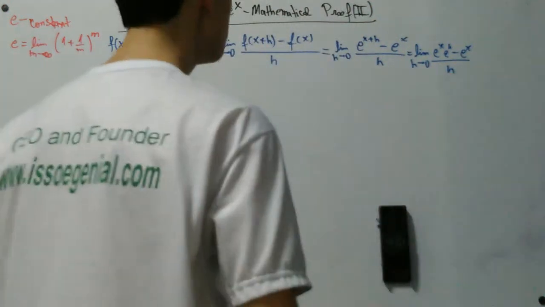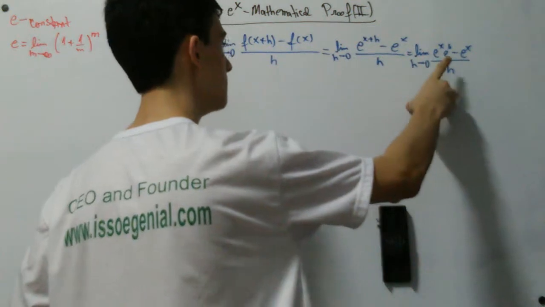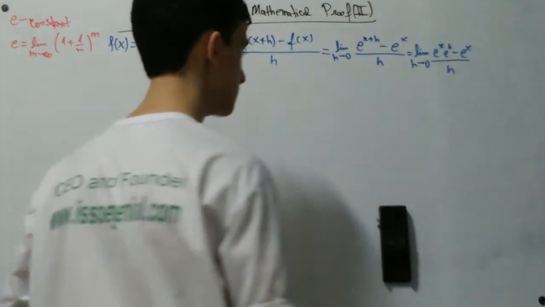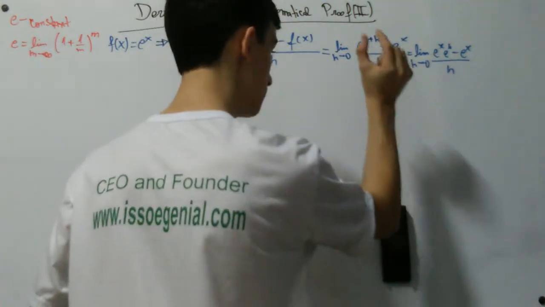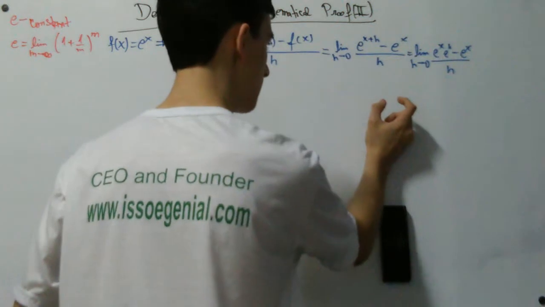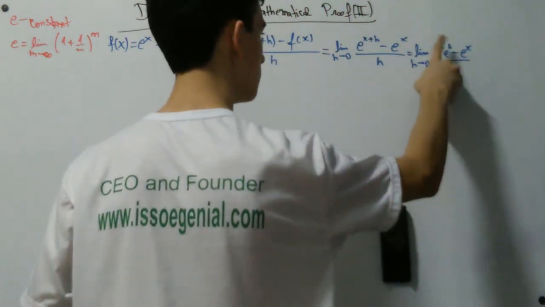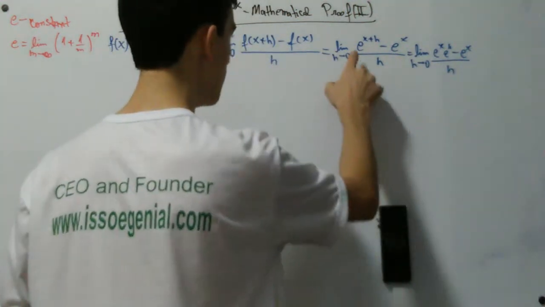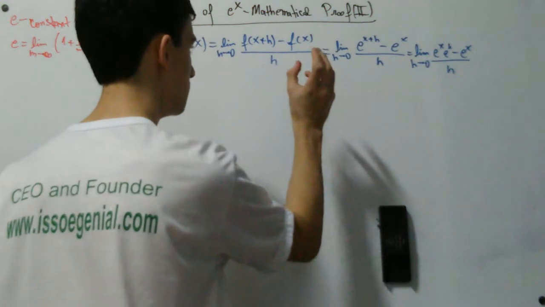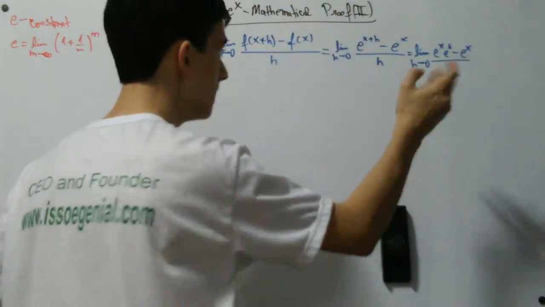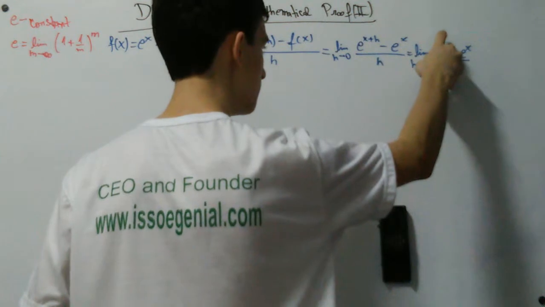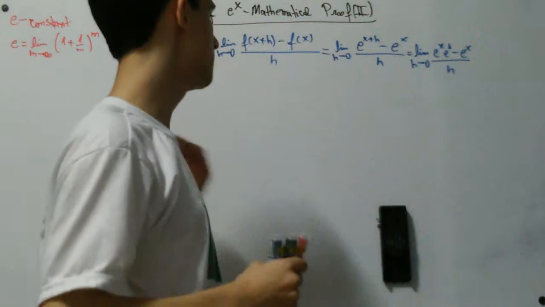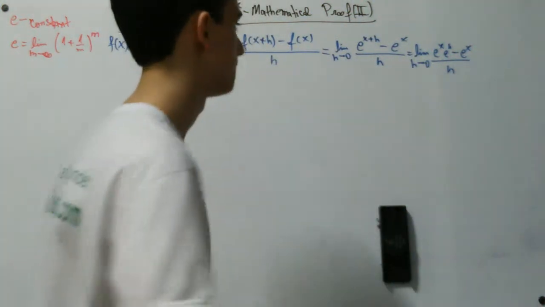What I did here is use the property: when you have a multiplication of the same base, the result is going to be the base, and the exponents are added. So a base raised to a number plus another one can be written as the base with the first exponent times the base with the second exponent. This is a basic property we study when we study exponents.